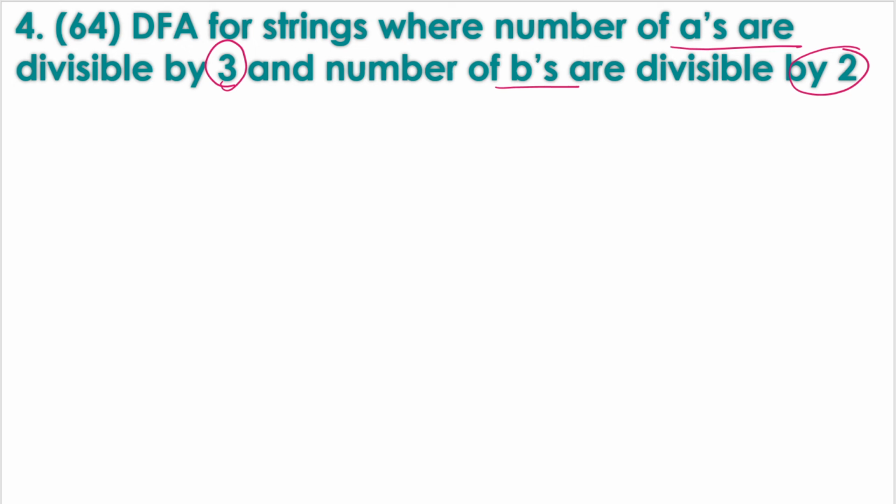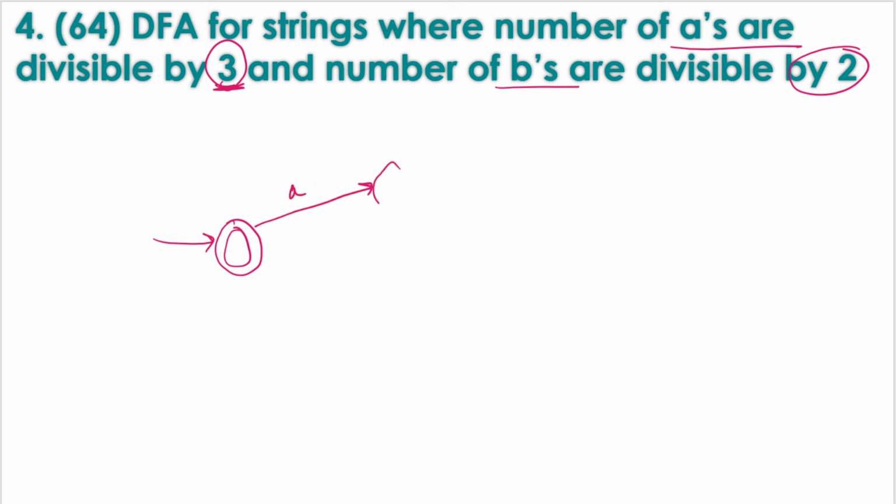Now starting with, as we have a divisibility problem, the initial state must be the final state. So here we have the initial state as a final state. Now we have to look for the bigger number. I am just solving it with tricks. We are not going to check each and every comparison and different path. So here we have the big number as 3. So starting with this, the number of A's must be divisible by 3.